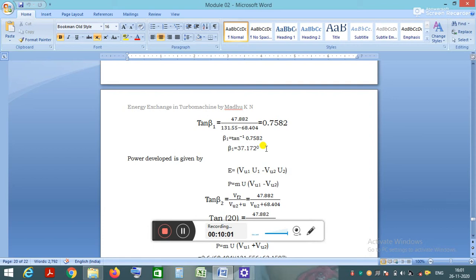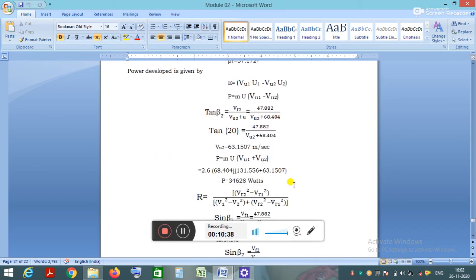Next, power developed. For power developed, we have this equation for energy transfer: V suffix U1 into U1 minus V suffix U2 into U2, for a power generating turbo machine. In the general analysis, we derived this equation. Multiplying with m, we get power. Since it is an axial flow turbine, U1 equals U2. Therefore the equation for power developed becomes m into U into V suffix U1 minus V suffix U2.